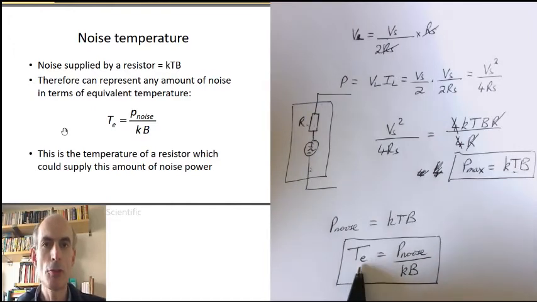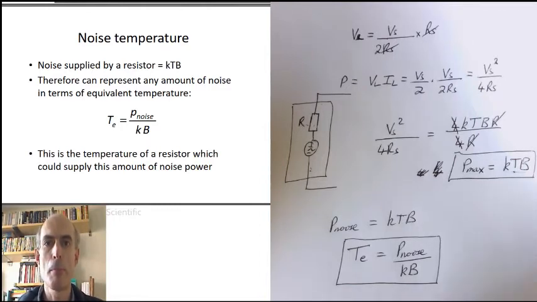It's the temperature of a resistor which is able to provide that amount of noise power. We can specify any noise powers in this format, and in fact it's quite commonly used for very sensitive amplifiers. They can be specified in terms of their noise temperatures rather than their noise powers.